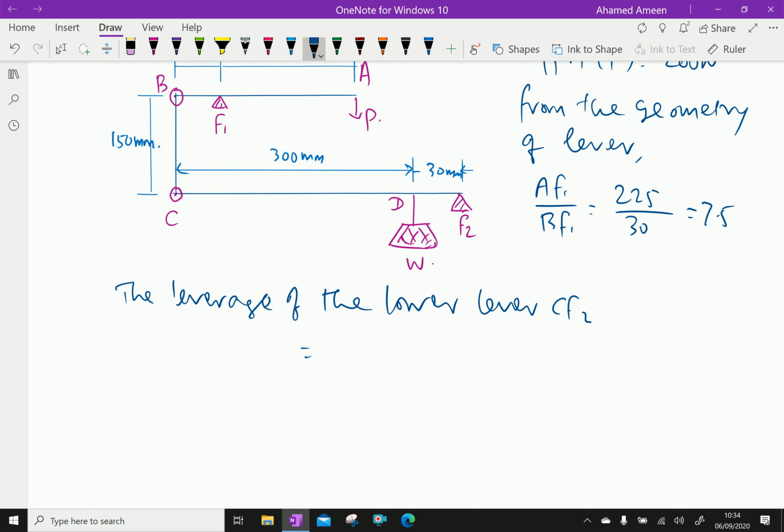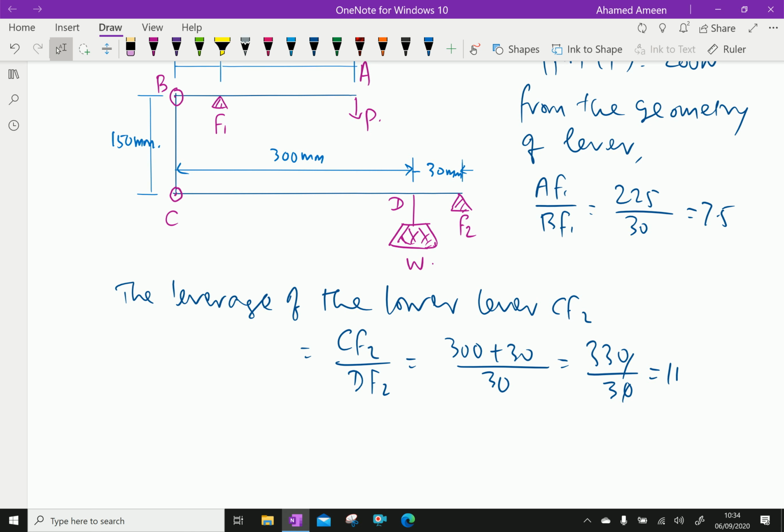CF2 and DF2: equal to 300 plus 30 over 30, that is 330 by 30, which is 11.